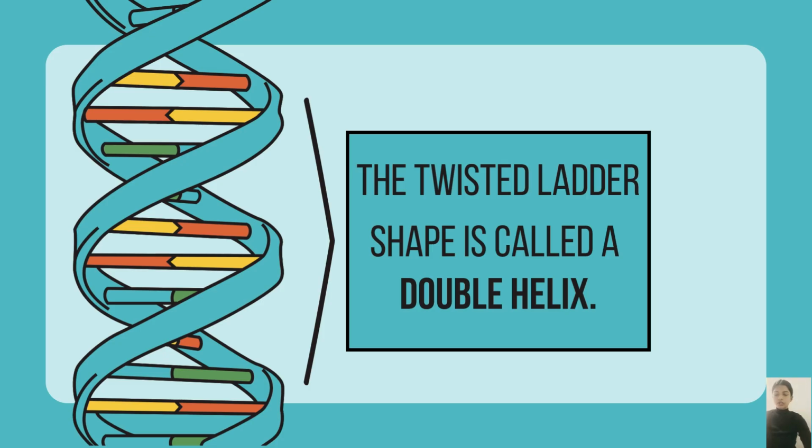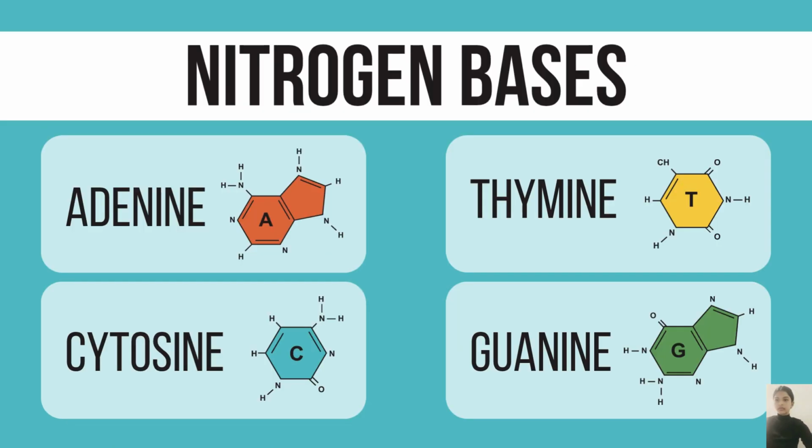This DNA structure has a double helix shape, which means the components present in DNA are bonded together, forming a twisted ladder shape. These four are the nitrogen bases which form DNA: adenine, thymine, cytosine, and guanine.